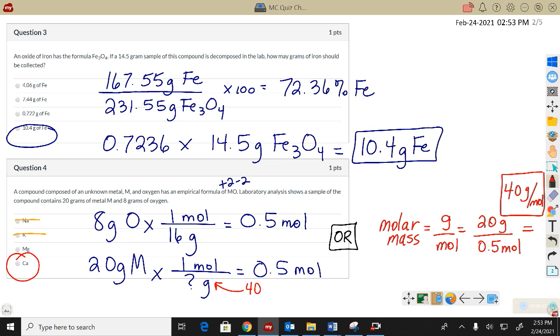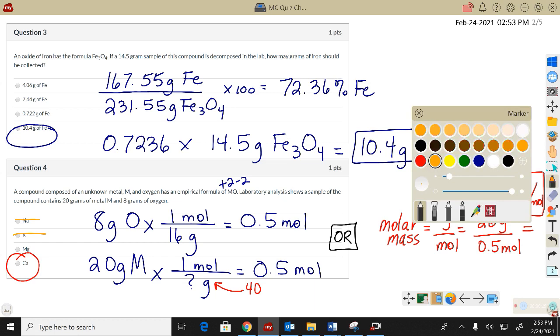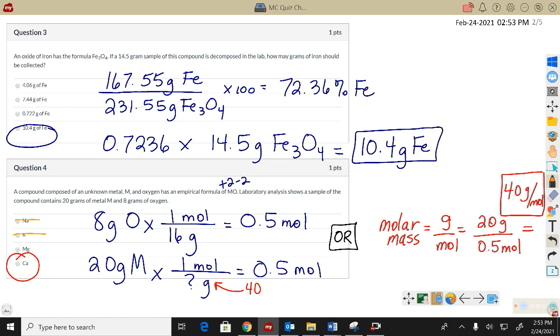And from there, I would have 0.5 moles of oxygen. Well, if this is supposed to be equal moles, it's a 1-to-1 ratio, and I know that there's 0.5 moles of oxygen, well, then I know there's got to be 0.5 moles of metal M.